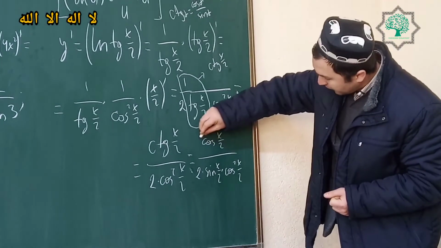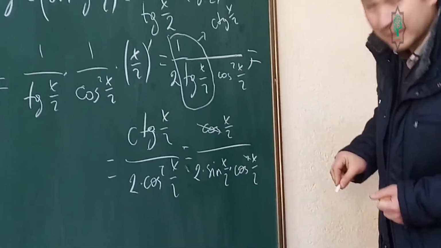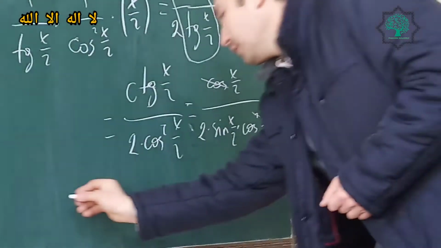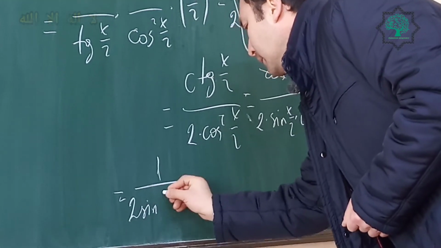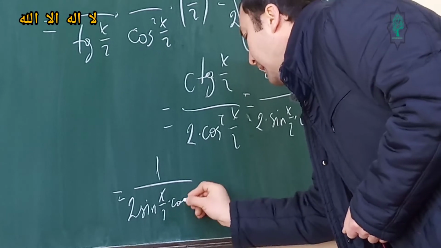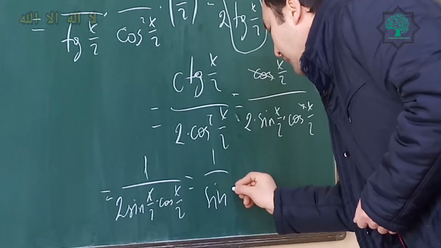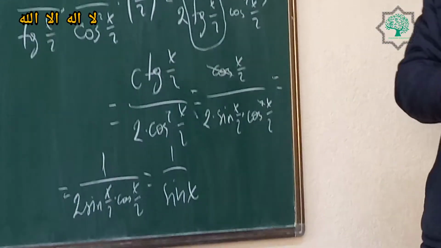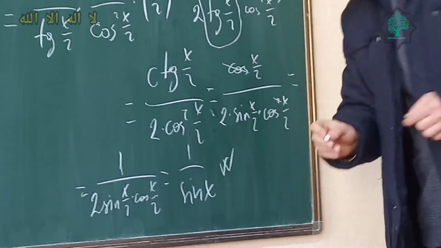And here we cancel cosine x by 2 with this square, and we have 1 over 2 sine x by 2 cosine x by 2. Here we have sine x. 1 over 2 sine x. Yes, we have simplified.